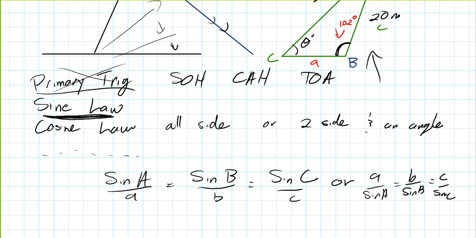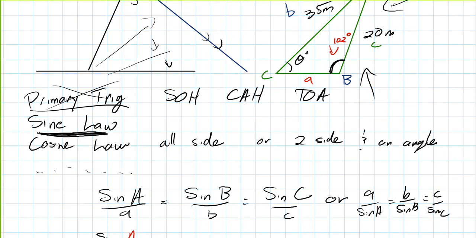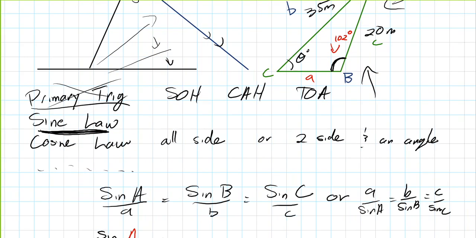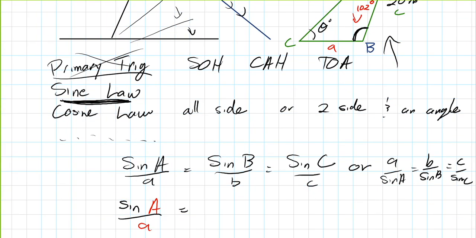So they stay the exact same. Sine A divided by side A, we got no info for that one. For B, if we scroll up just a little, we got angle is 102 and the side length is 35. So that works out.